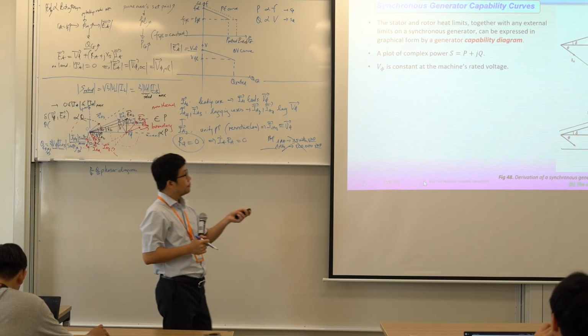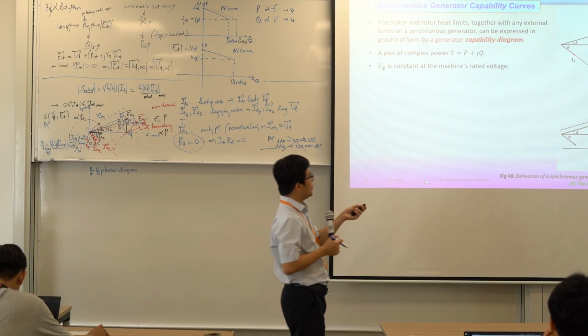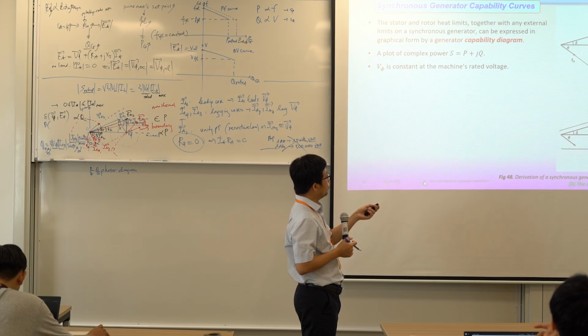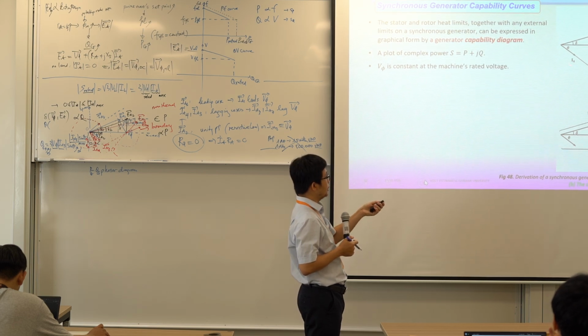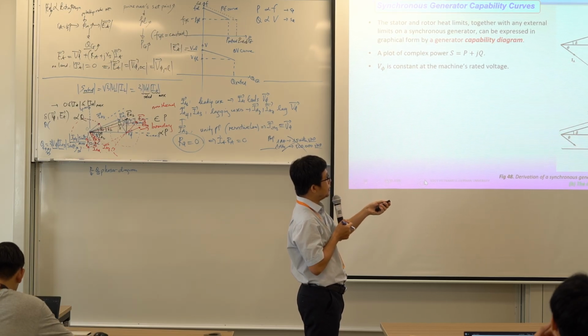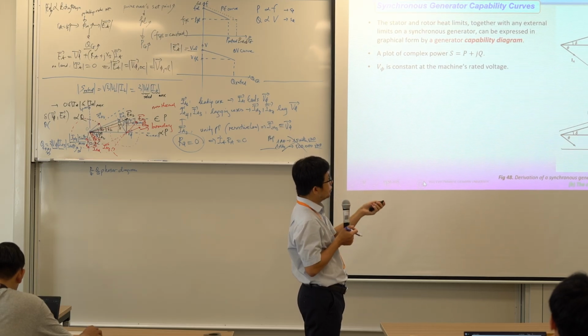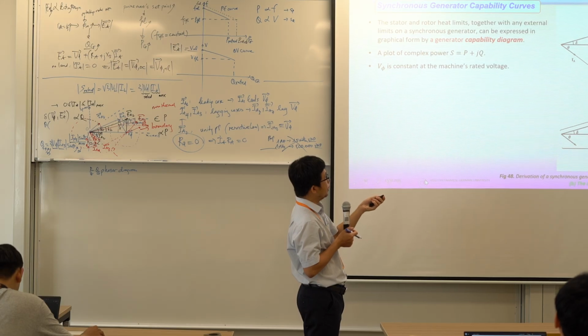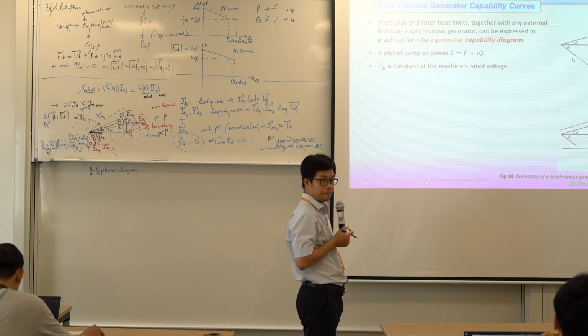At the top figure, we just pick up a lagging case. This is IA, this is V phase. We skip the I, so this one is j XS IA, and then you get EA, right?